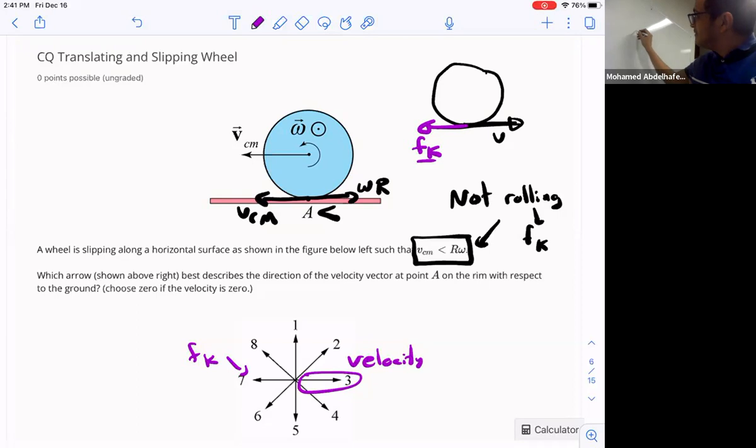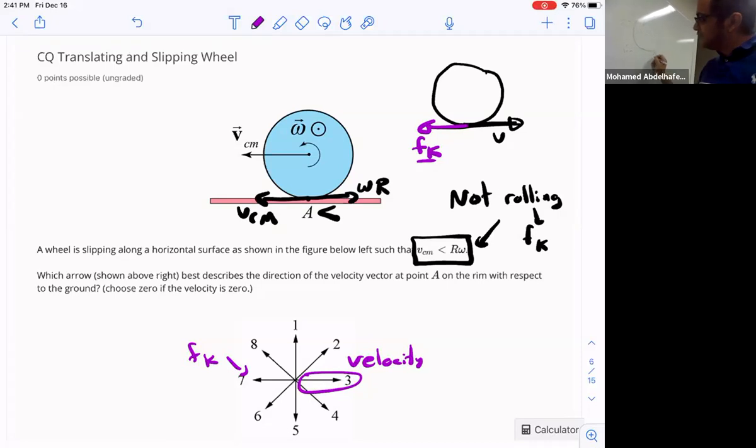At this point right here, the tangent to that circle is going to the right. So that's the omega r. From this circular motion, this point is going with an omega r to the right and translating to the left with VCM. This contact point right here has these two competing velocities, one from translation, one from rotation.